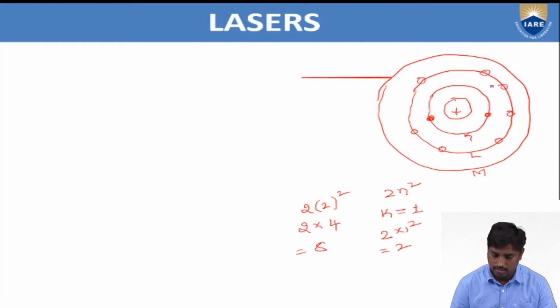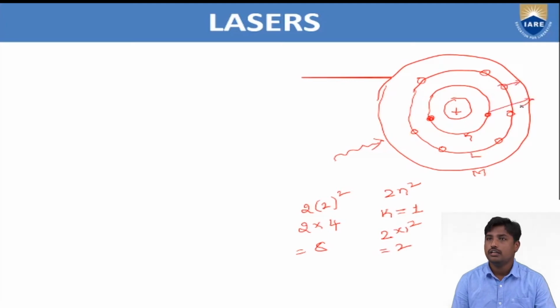Coming to the atom, when external energy is given, whether thermal, electrical or mechanical energy, and that energy is absorbed by the electron, the electron is excited to a higher energy state. By absorbing the energy, electrons are excited to higher energy states; this is called stimulated absorption. Then the excited electron is not permanent in the excited state.